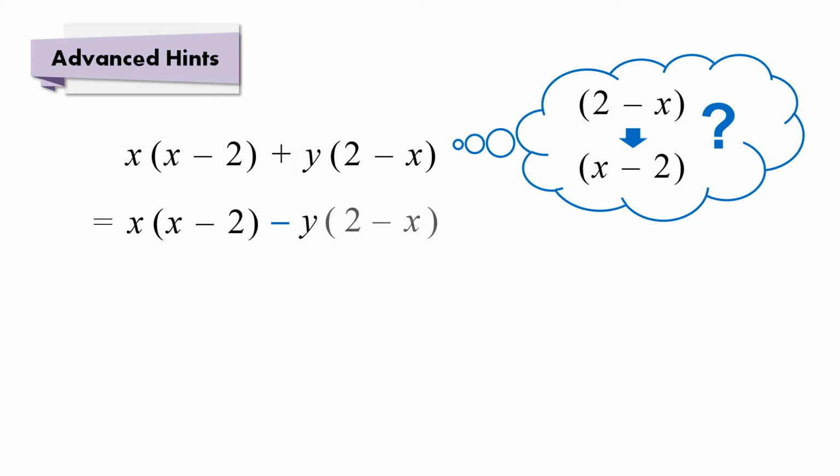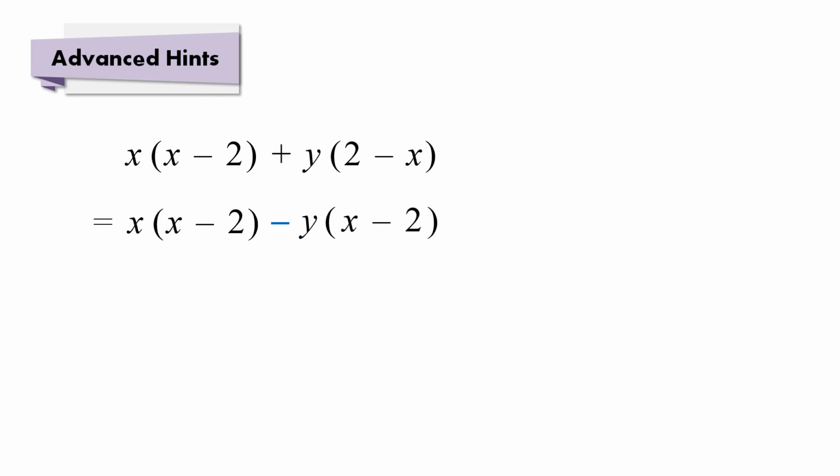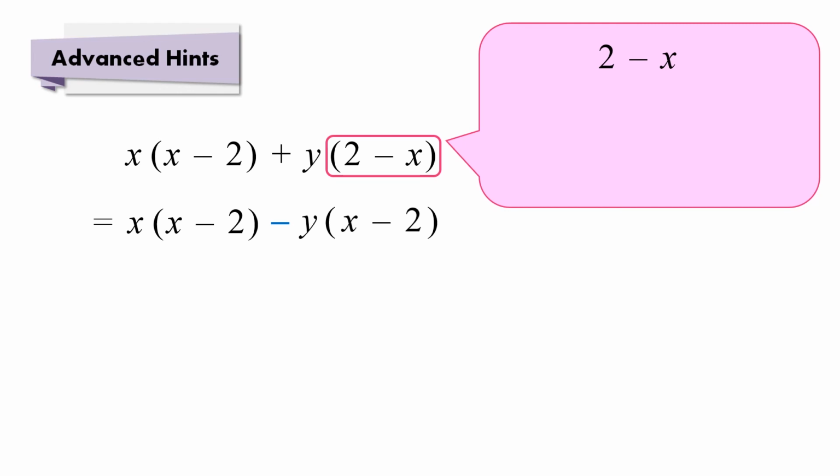Then, we just reverse 2 minus x to x minus 2. You may ask, why? Because for 2 minus x, if we take out a negative sign, then, inside the bracket, we have negative 2 plus x. After rearranging the order, it becomes x minus 2.